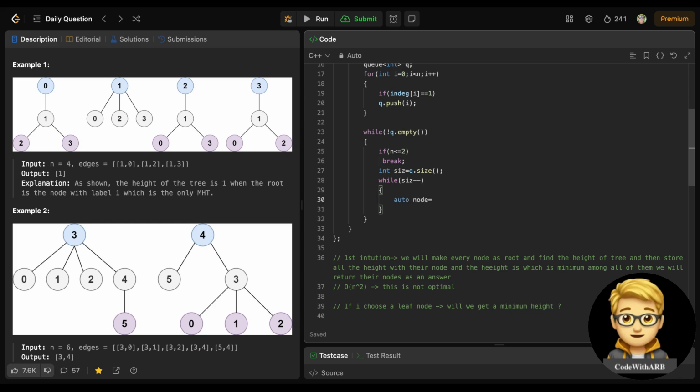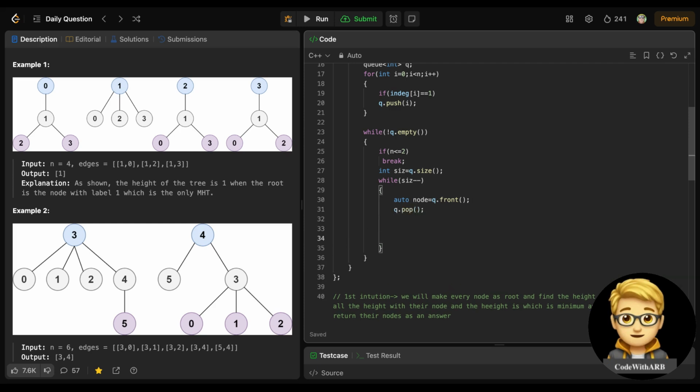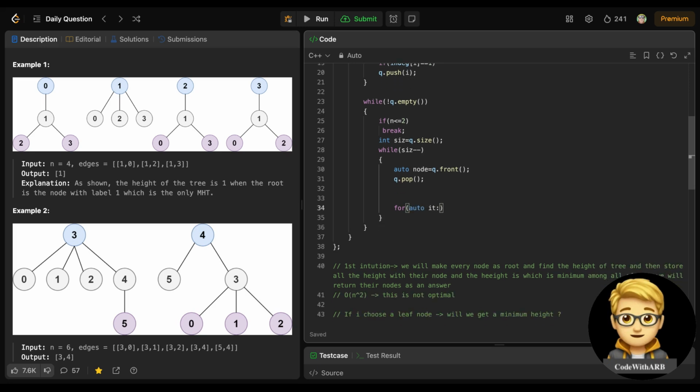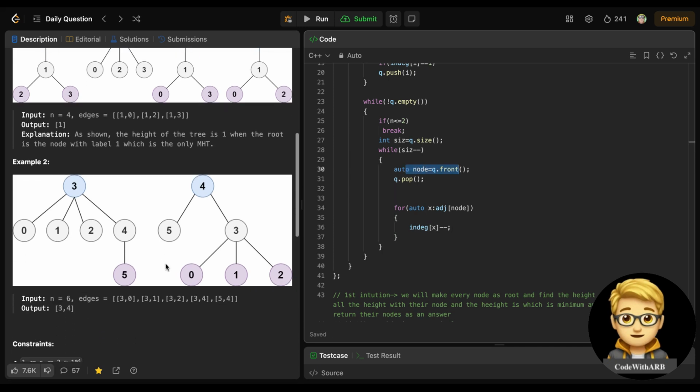We will start from the queue, and we will go through all the adjacent nodes this node is connected with, right? We need to see that the in-degree of this node should be removed, because this node is automatically removed, as we are removing from the lowest in-degree from the tree.